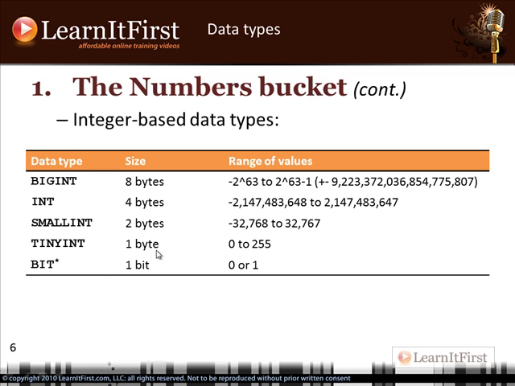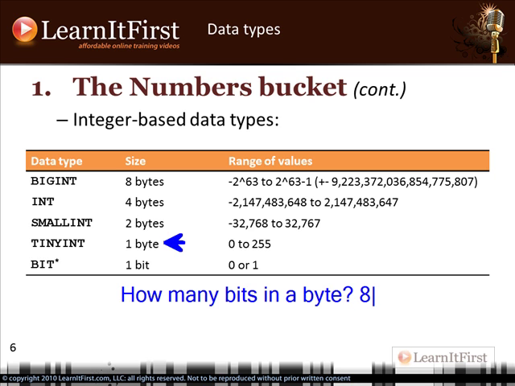Okay. Notice the tinyint 0 to 255. What does that mean? It means that there is a domain of 256 unique values. Okay. And if you start breaking these things down and you start thinking about a byte, here's how I always think about it. How many bits in a byte? Got 8 bits in a byte, right?